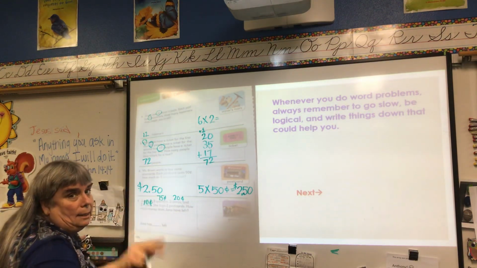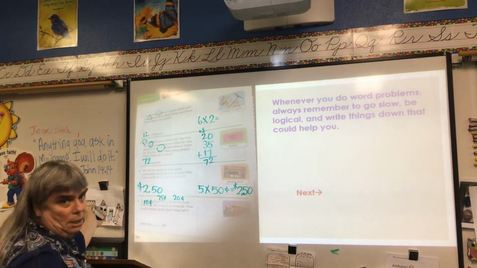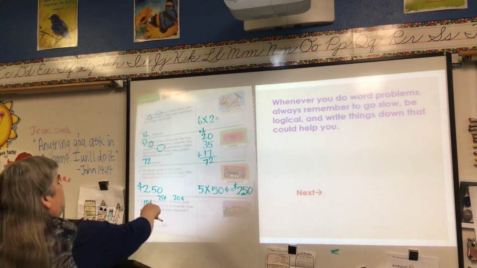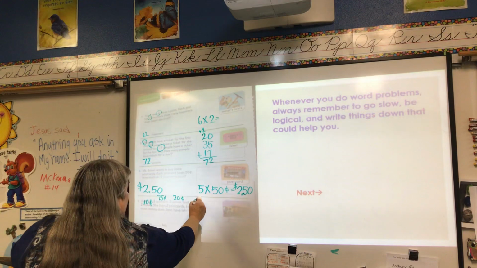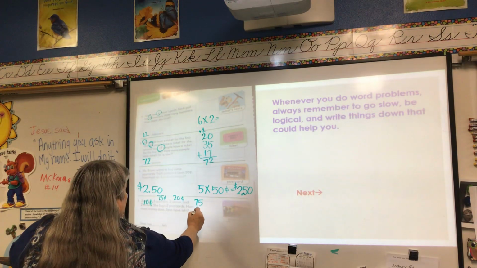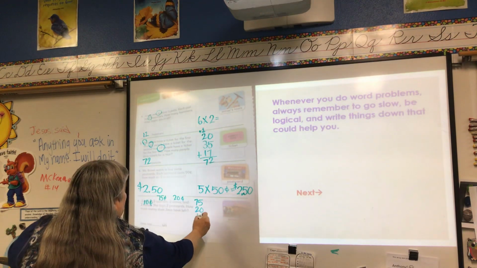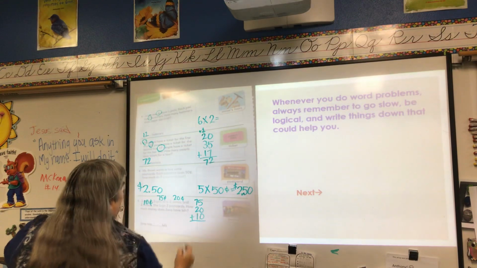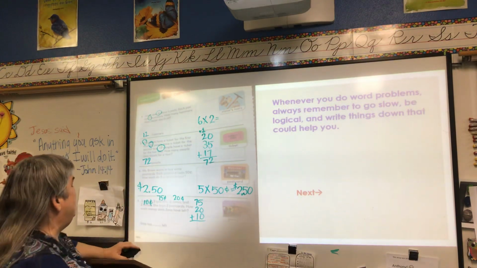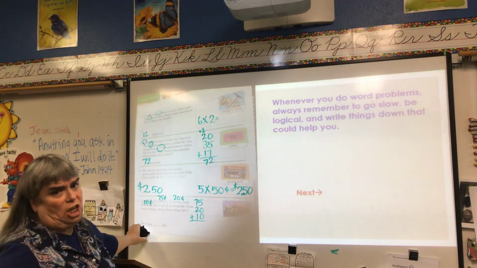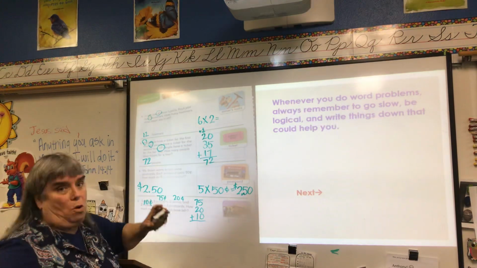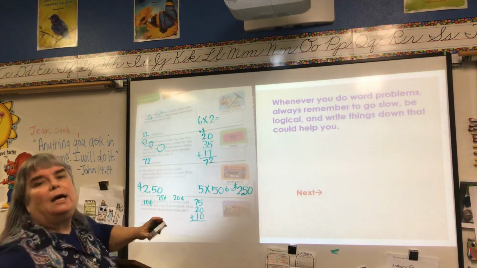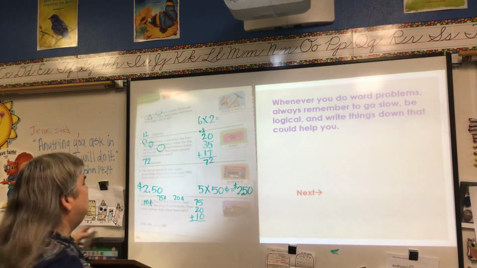And then it's a 2-part problem again, because I'm going to have to add up how much money she has all together. So 75 plus 20 plus 10. I'm going to add up how much she has all together, and then to figure out how much change she has left over from her purchase, I need to subtract.